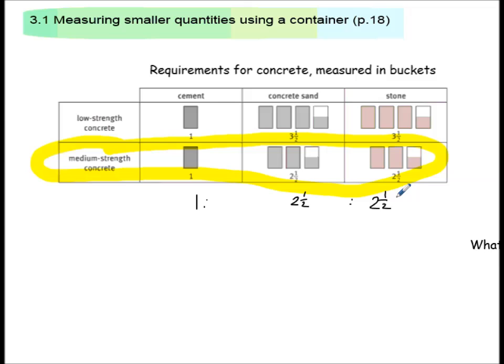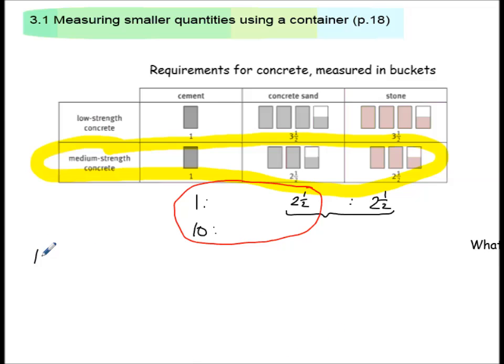Okay, you have to find, right, so he used 10 buckets of cement. These two once again are the same, so I'm going to work with this rate because whatever the answer to this will be the same as the stone.